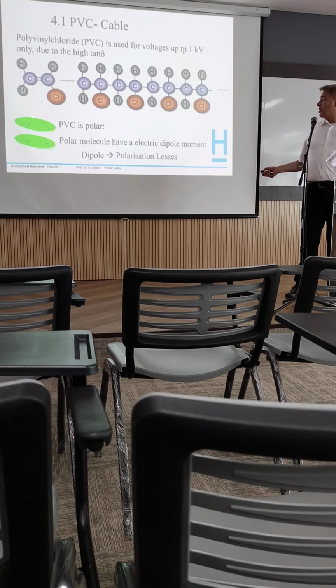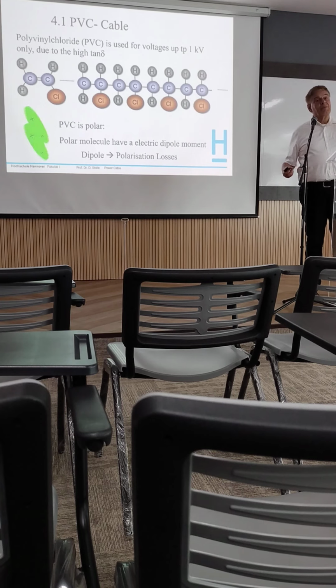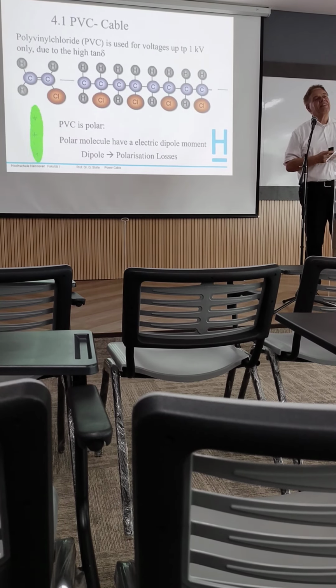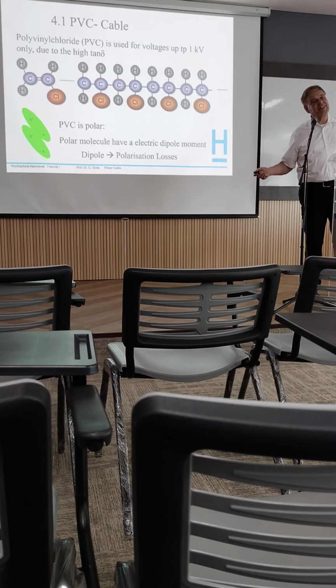And you see that polarization losses depend on the frequency. When you rub very slowly, it's not very hot. When you rub more, it becomes hotter. When the frequency is very high, the molecules cannot move so much, and then you have smaller losses again.